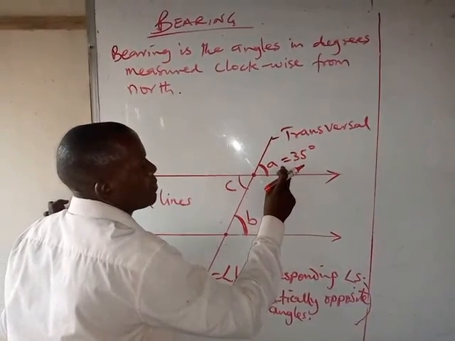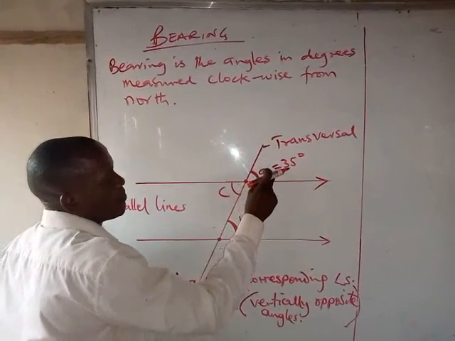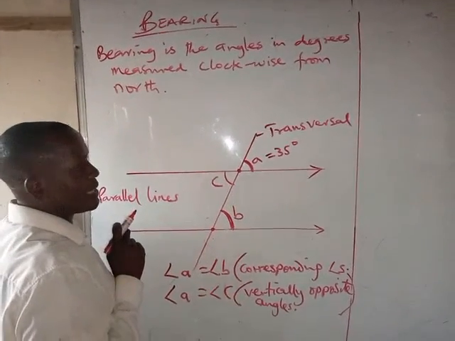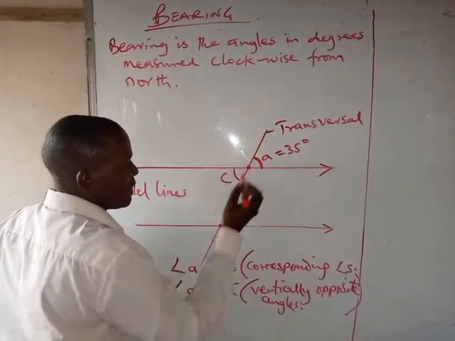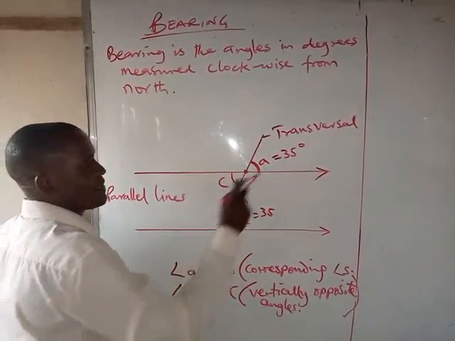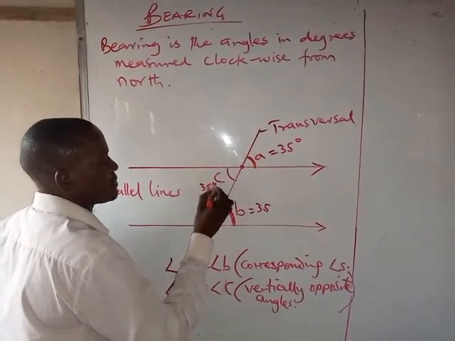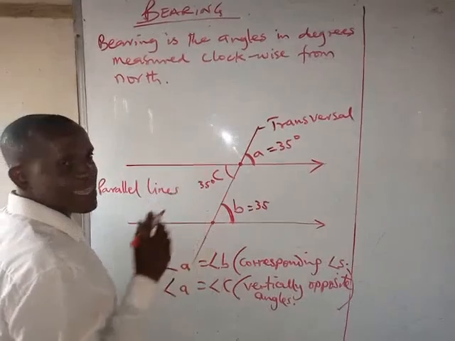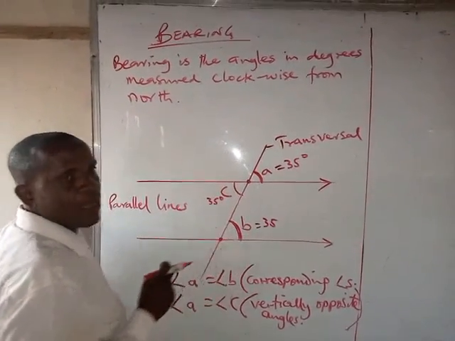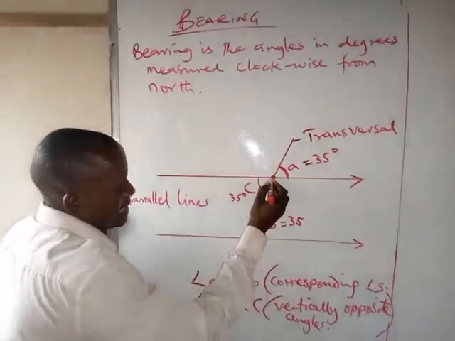Now look at this. If angle A is equal to angle B and angle A is equal to angle C, in other words, I want to write them out. If angle A is equal to angle B, it means angle B is 35 degrees. If the same angle A is equal to angle C, it means angle C is equal to 35 degrees. By that, it means angle C is the same thing as angle B. So you can see this is a line segment.